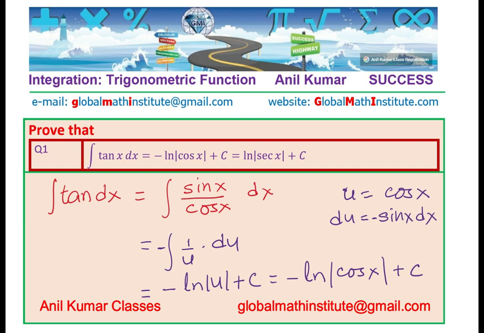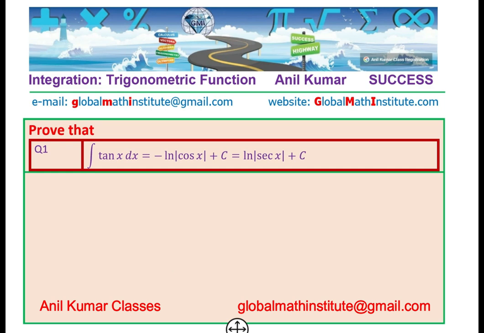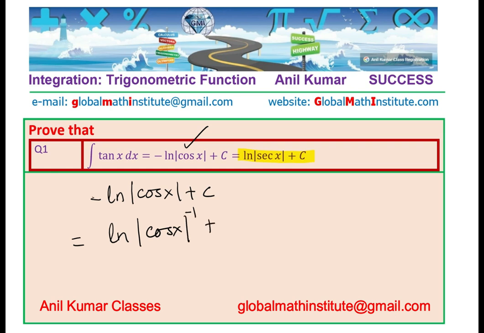Well, we also wrote it in a different way, and that was it is also equal to ln secant x, right? Makes sense, right? So, which I will do like this. We'll begin with minus ln absolute value of cos x, correct? Plus c, right? So, this is equal to ln of cos x to the power of minus 1 plus c.